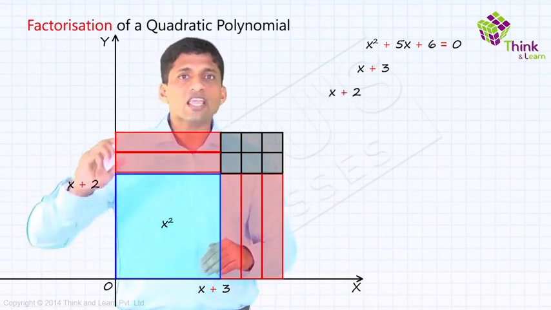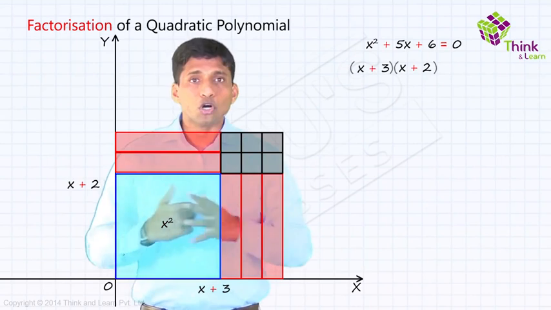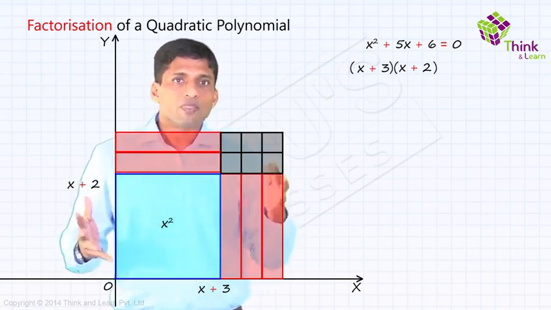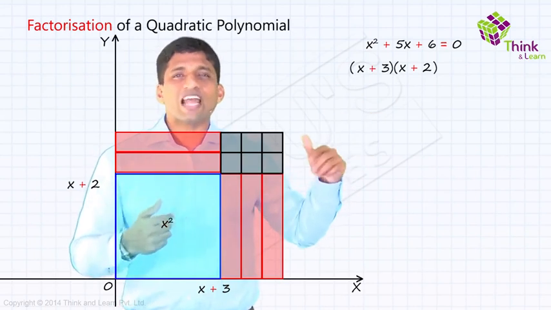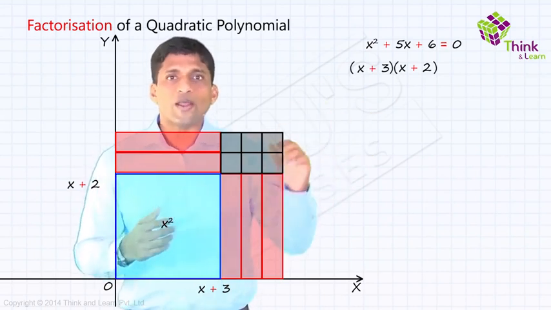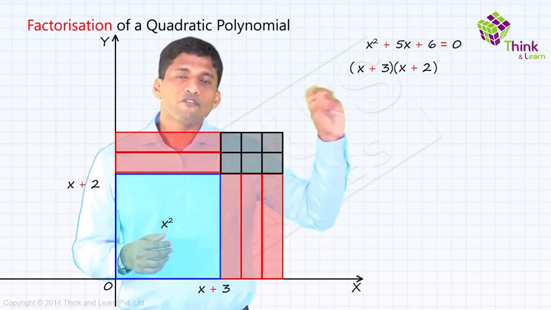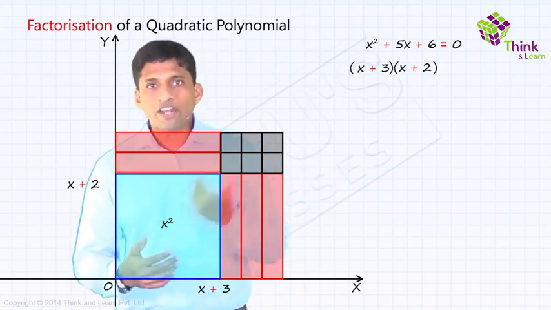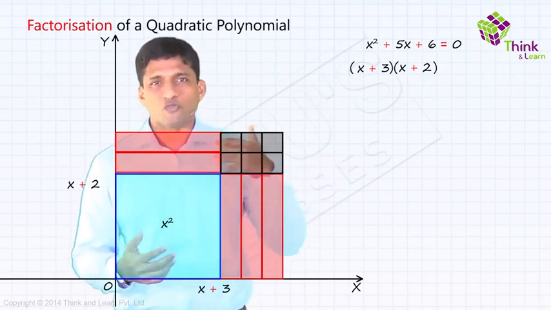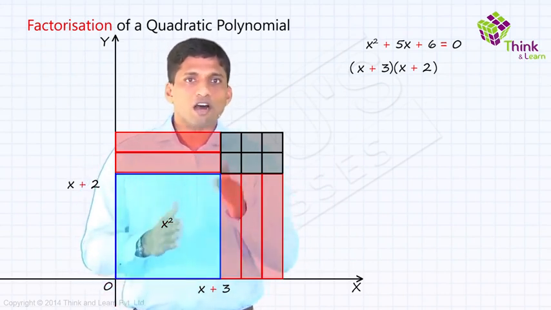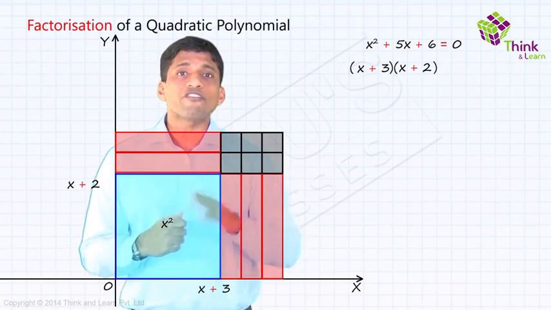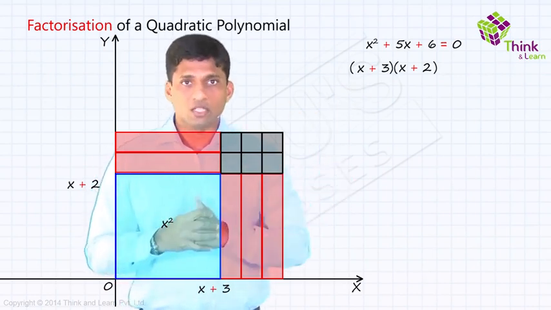Length is x plus 3 and breadth is x plus 2. So it's a very interesting way to connect a method which otherwise can be very boring or monotonous when it comes to just factorizing the way we've been using numbers before. But when you visualize, I'm very sure it's very intuitive, interesting and easy. So we just visualized factorization of x square plus 5x plus 6.